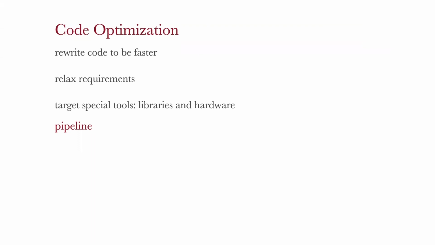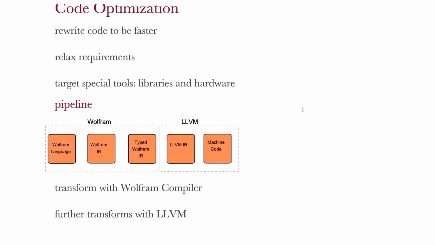And just to reiterate, the basic pipeline of the compiler is that we have a Wolfram language phase, where we start with Wolfram language code and generate an intermediate representation, and then we process the intermediate representation with various transformations. Then we hand it over and generate an LLVM intermediate representation that does more work and generates machine code.